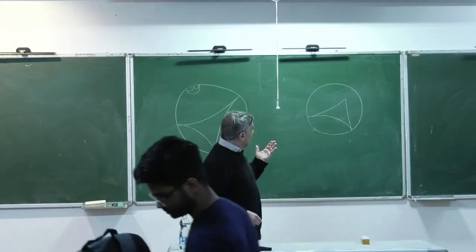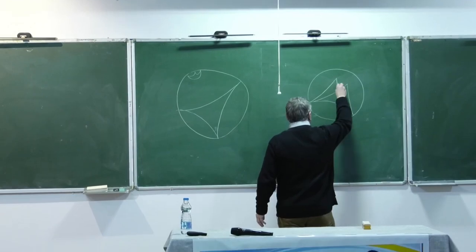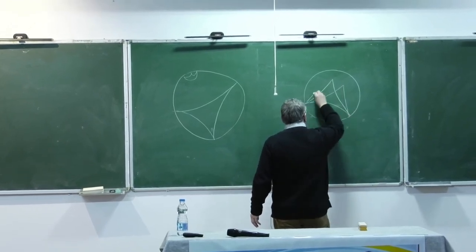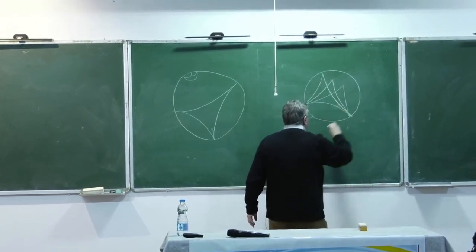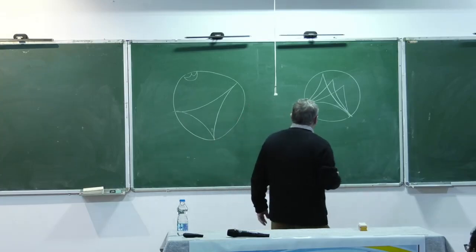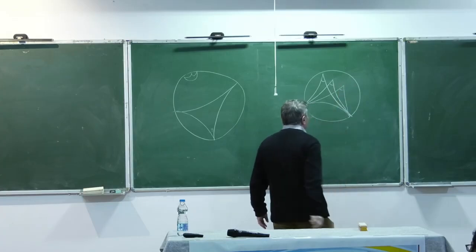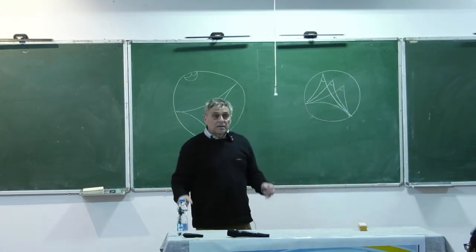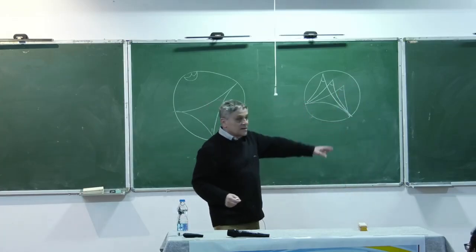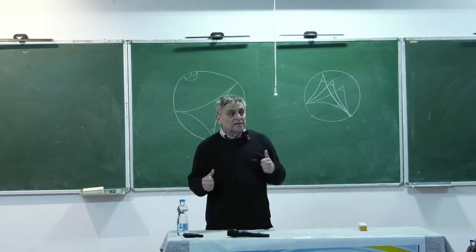So there are many of these, right? There are many of these which are not isometric, and they are all parametrized by, well, the angle. For a triangle whose two vertices are at infinity, the only parameter is the angle.